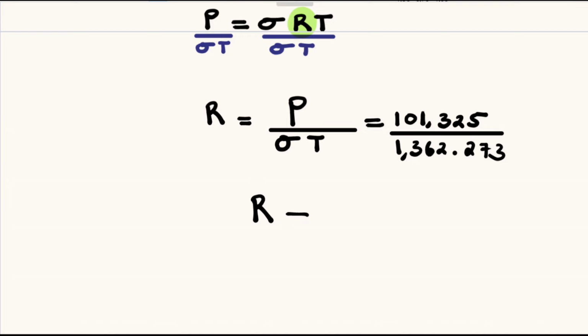So our R will be equal to 0,273 kilojoules per kilogram kelvins. And this will be our answer for question 1.1.